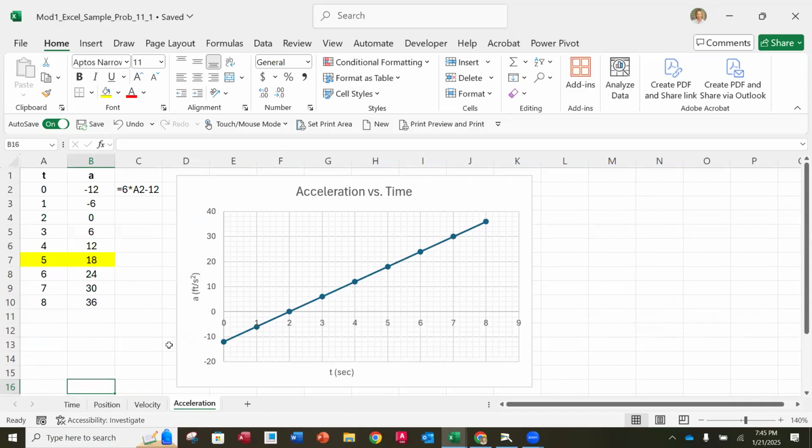In this case, because those values that we were interested in were at the 5-second mark, or when velocity was 0, it makes sense to highlight those. Okay. But the screenshots just let me know that your numbers are correct in the background, and your cells are programmed appropriately.